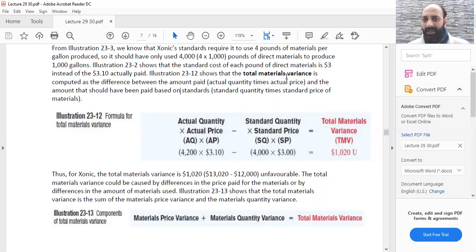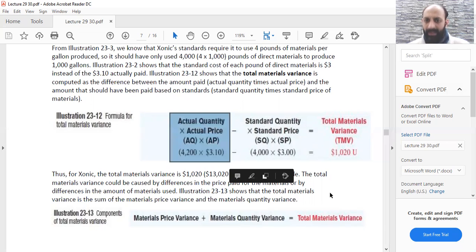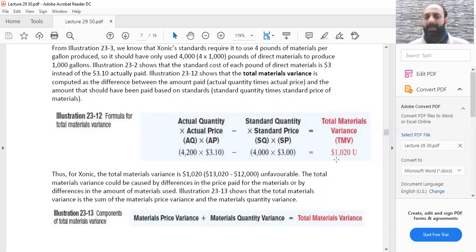So the total material variance is actual quantity into actual price minus standard quantity into standard price. When you calculate these two, the difference between them determines the variance, whether the variance is unfavorable or favorable.